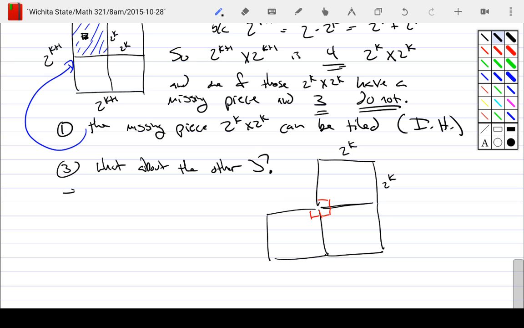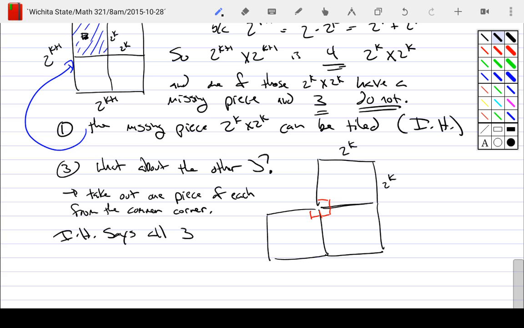We would take out one piece of each from the common corner. And then guess what? Inductive hypothesis says all 3 with a piece missing can be tiled.